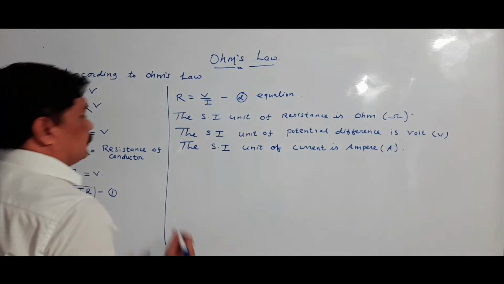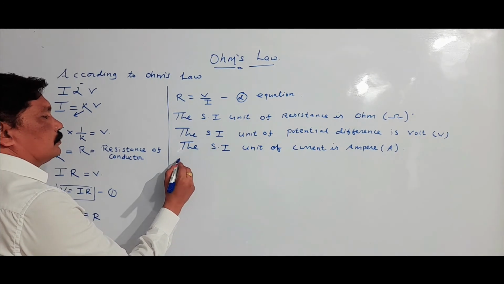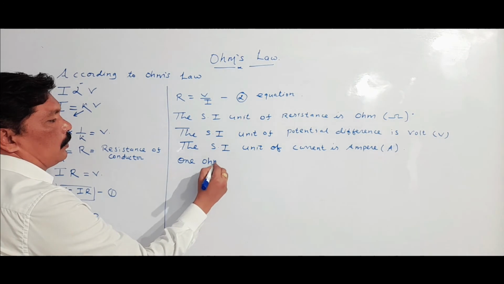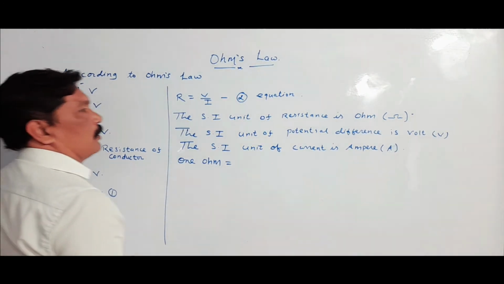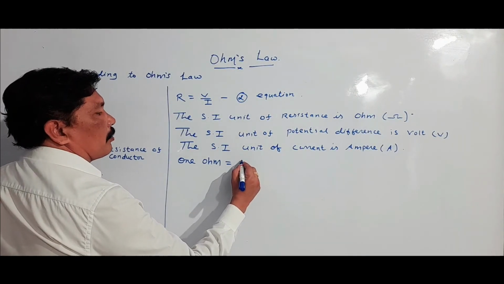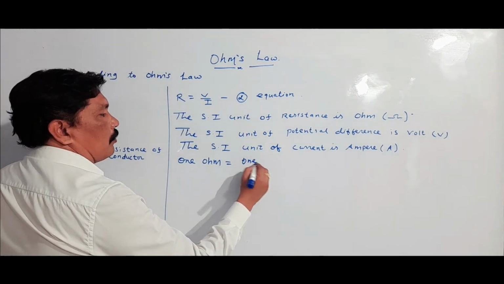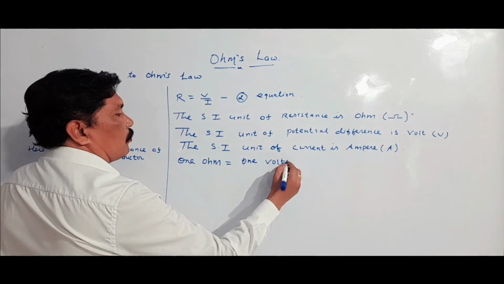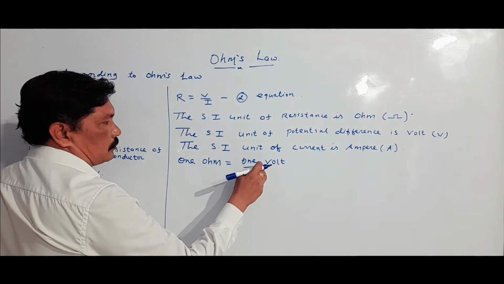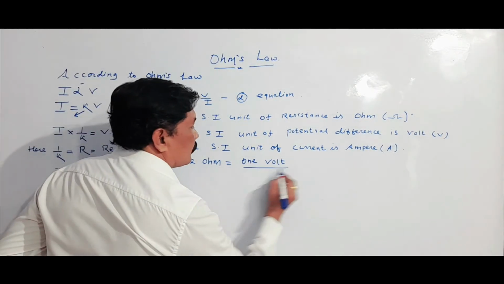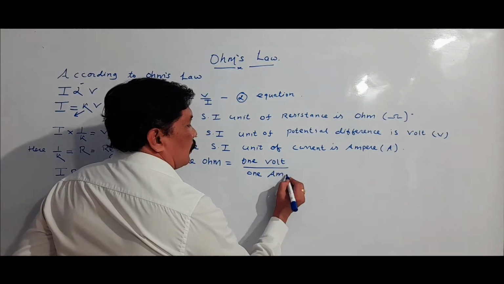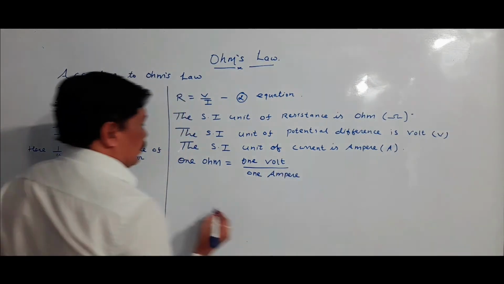So we can write 1 ohm is equal to 1 volt upon 1 ampere.